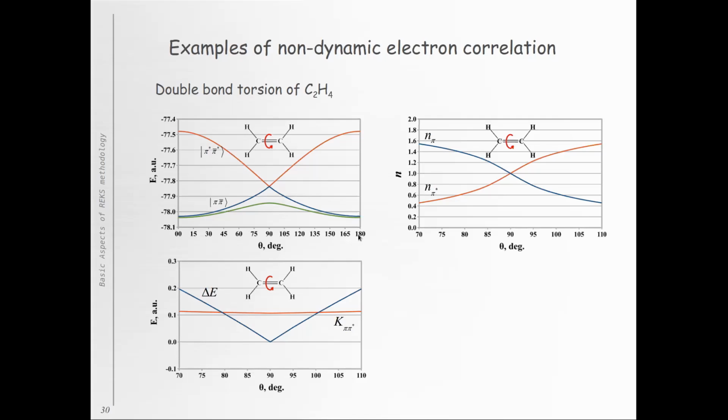At least the lowest, the second order contribution to the dynamic electron correlation. So this is similar to CAS-SCF, CAS-PT2, right? But you want to do it with DFT for the dynamic.